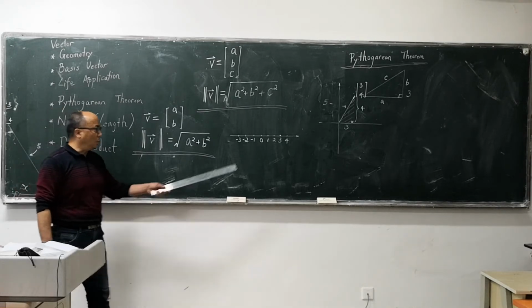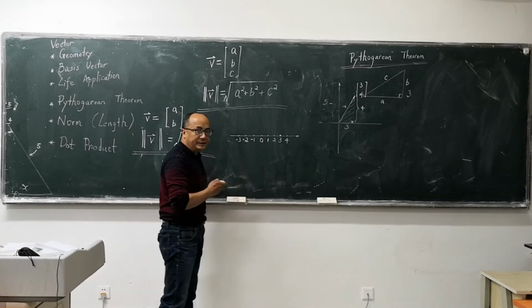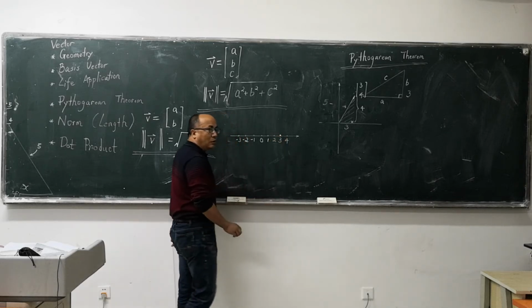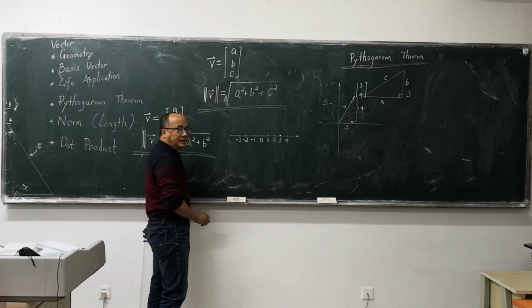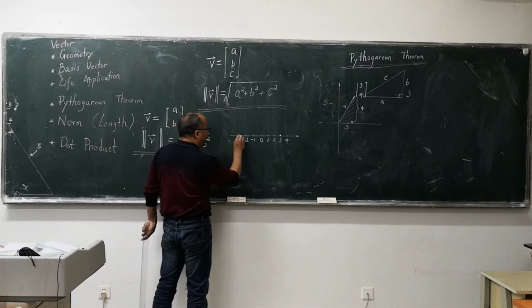In elementary school, when we say number 3, it is here, okay? When we say minus 3, where is the minus 3? It's here, okay?